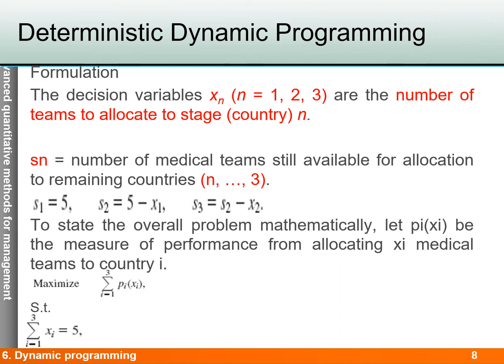As you see here, we want to maximize the total of performances, because this is the goal of this game. And obviously, we know that the total of these decisions xi should be equal to 5. Why? Because we have a total of 5 medical teams that can't exceed these 5 teams. Let's continue the formulation in the next slide.